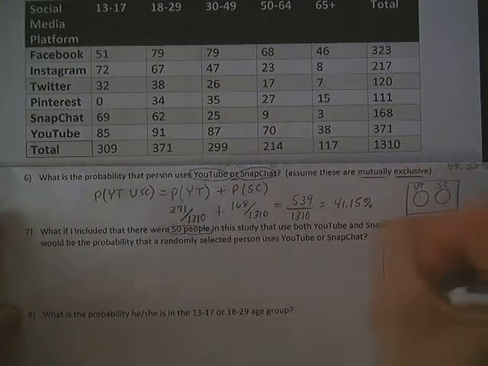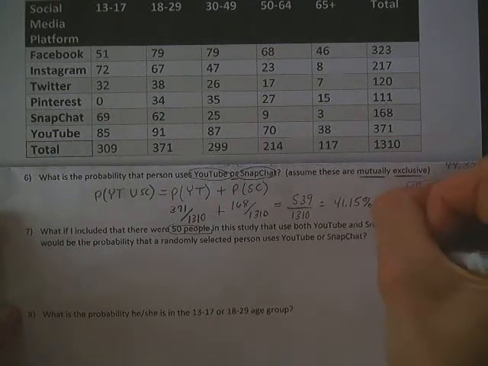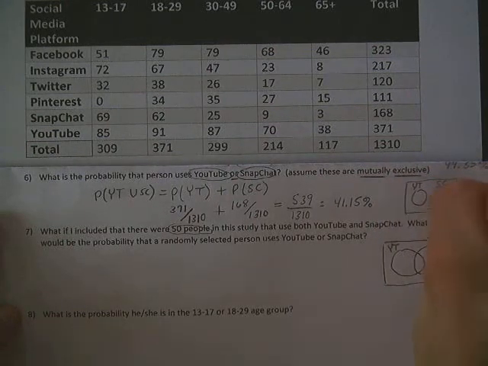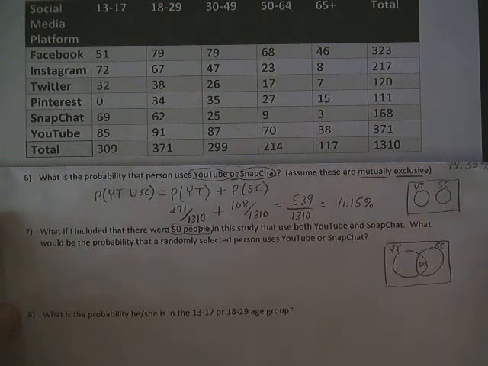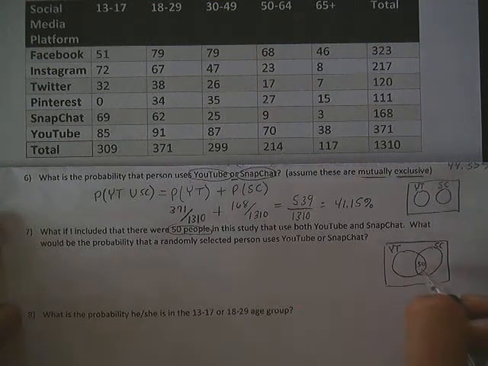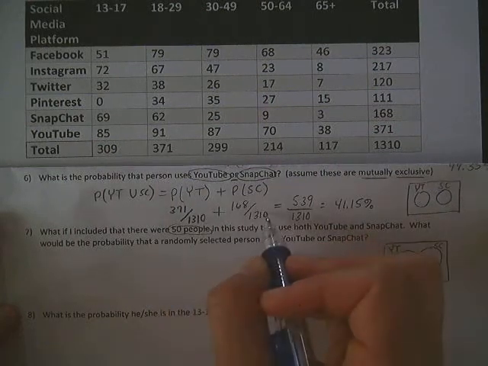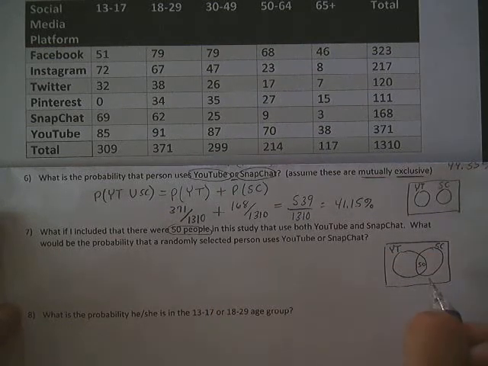in both. So like if you think about it like a Venn diagram, here's your YouTube people, here's your Snapchat people. Now they're telling you that there's 50 people that use both Snapchat and YouTube. So because there is an overlapping part, now we have to actually add in that fact that there's people that are in the overlapping part, okay?